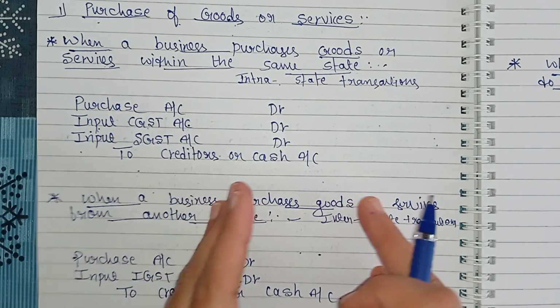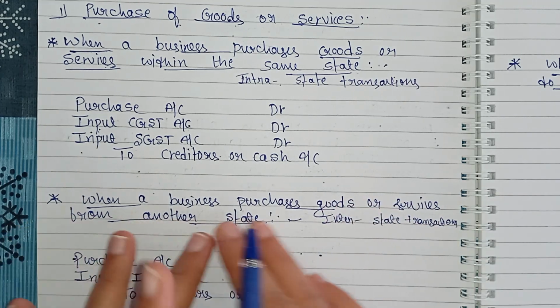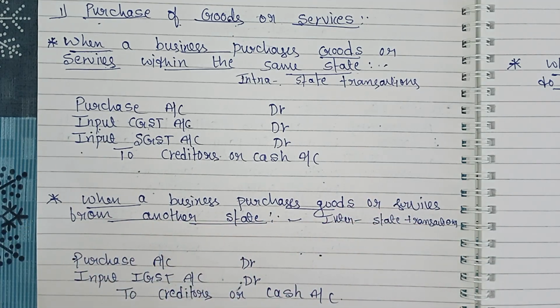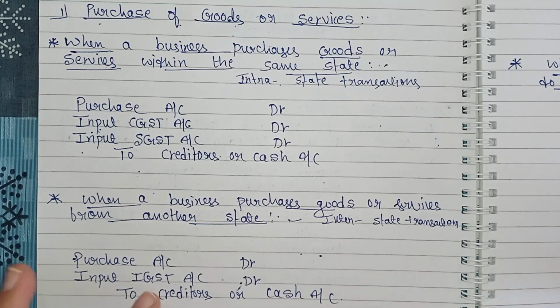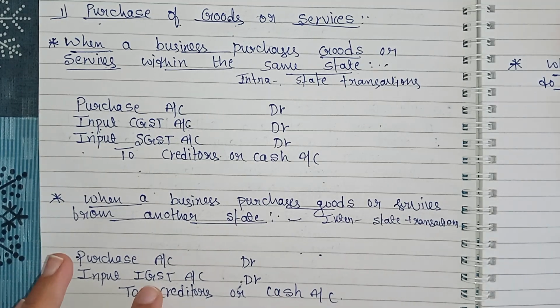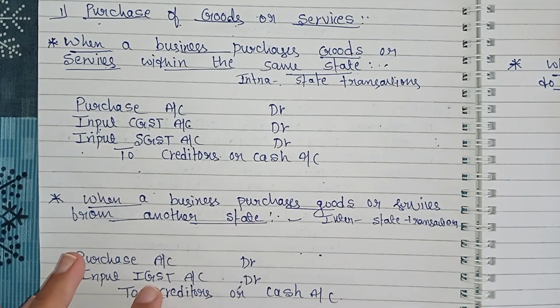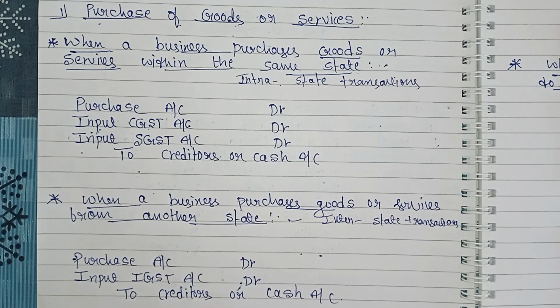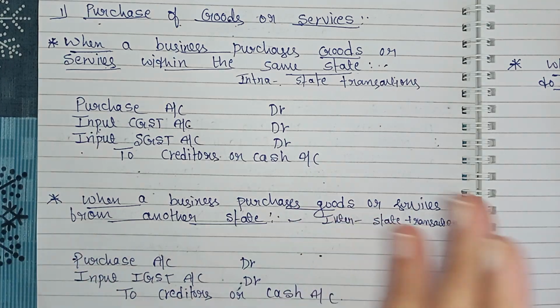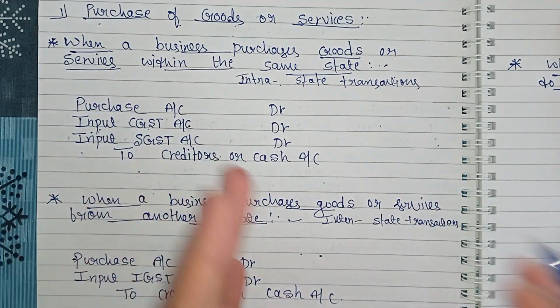So the entry is purchase account debit, input IGST, means integrated goods and service tax account debit, to creditors or cash account. Here IGST will come because the business purchases goods or services from another state.